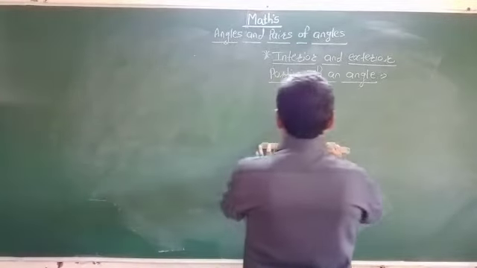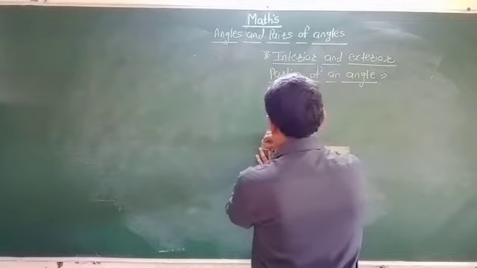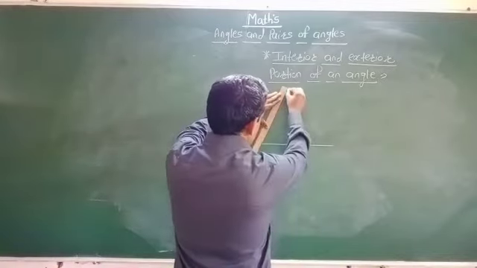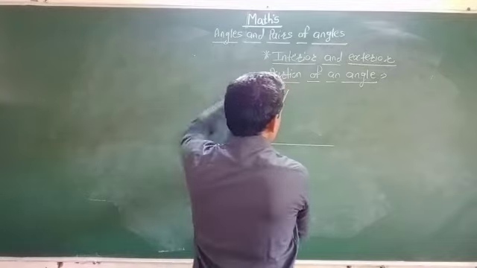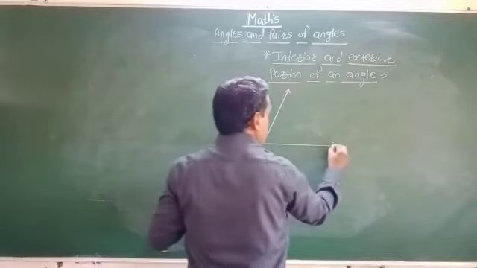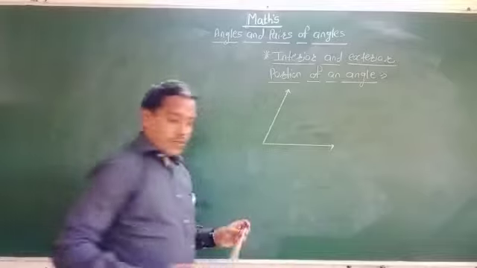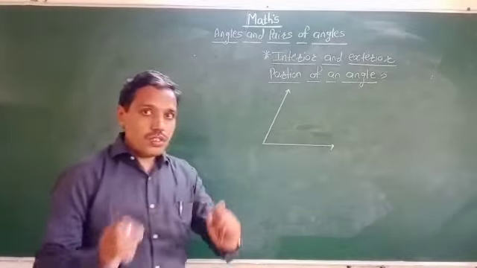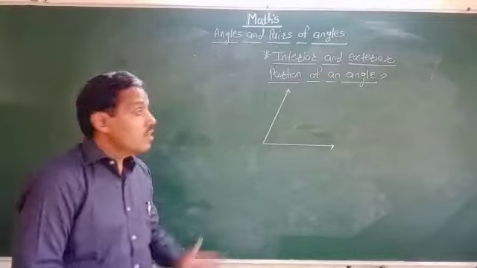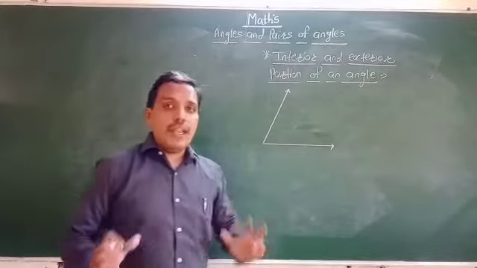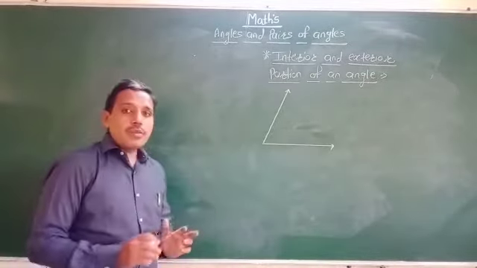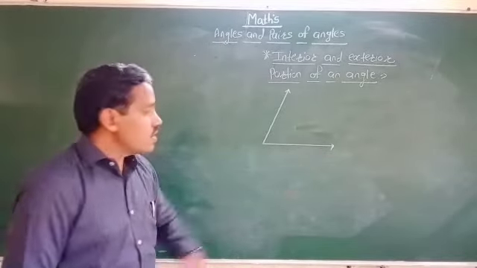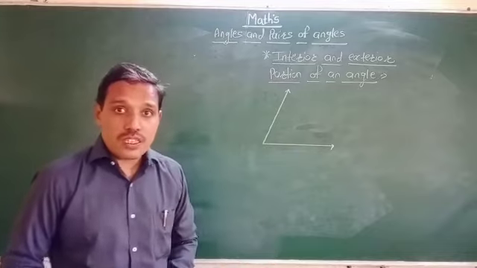We have drawn one diagram. Just think about it. That blackboard is one of the planes. Plane means it is a flat surface. That blackboard is also a flat surface.